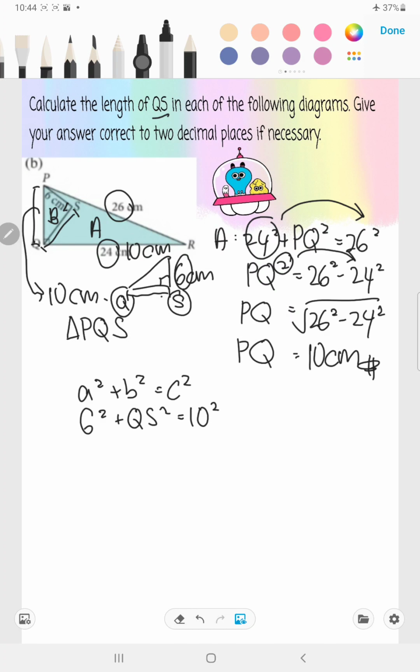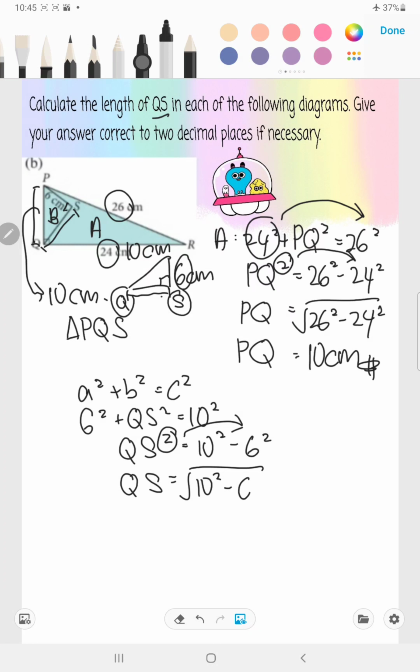So now we want to find QS square is equal to 10 square minus 6 square. The square, you have to move to the other side. QS is equal to 10 square minus 6 square. The value of QS is 8 cm.